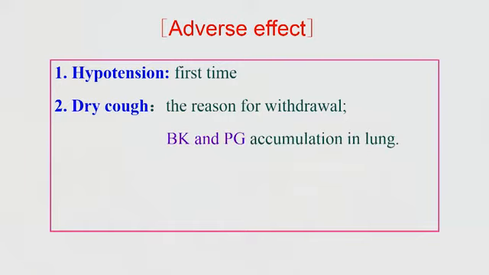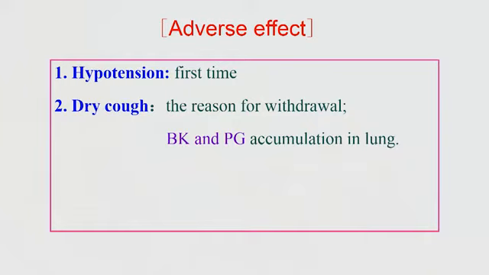The reason for withdrawal: we introduced ACEI as the best antihypertensive drug, especially for diabetic mellitus patients with hypertension. But 15 to 30% of patients withdraw the drug. The reason is that adverse reaction, because the patients who use the drug get dry cough.